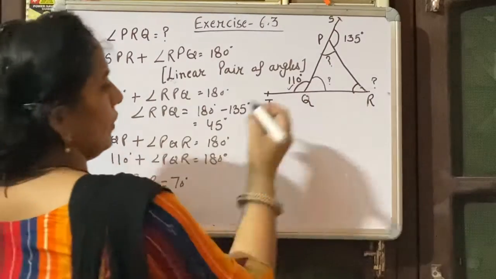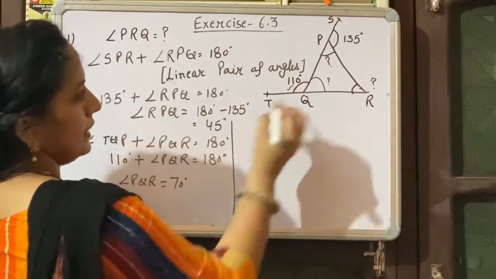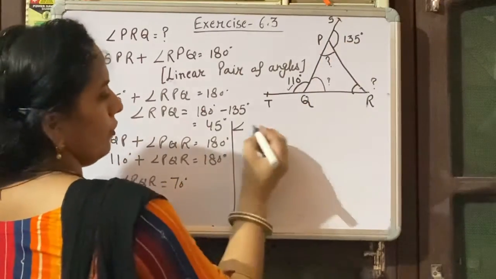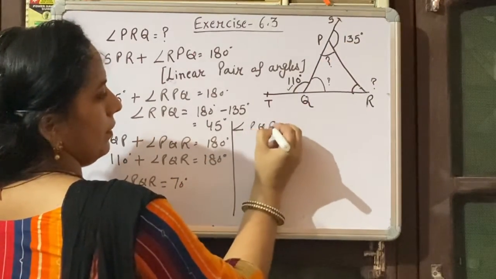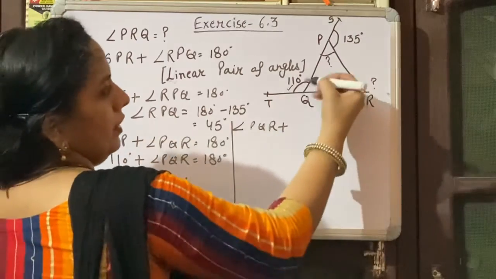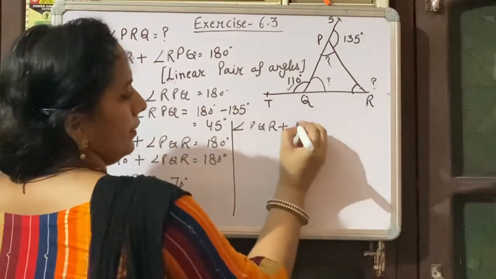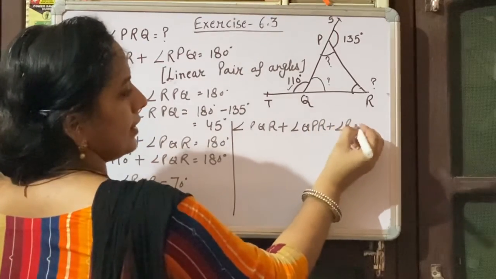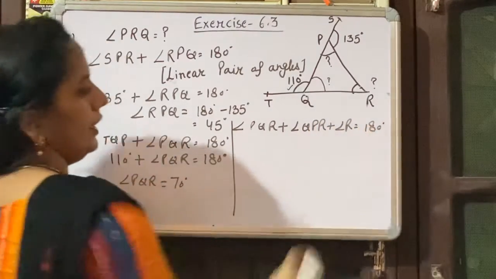So here we can write that the sum of angle PQR, the first angle, plus QPR plus the third angle R is equal to 180 degrees.